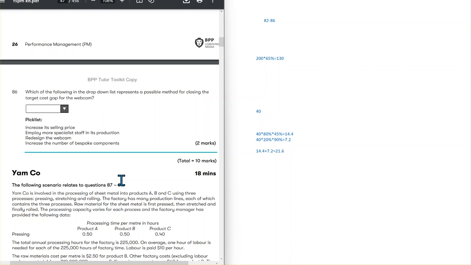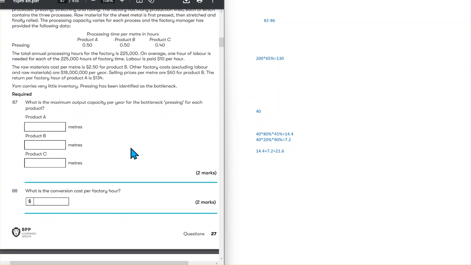Employ more specialist staff in the production: if we employ more specialist staff, the salary will increase. Redesign the webcam, maybe increase the number of bespoke components? No, increase the number of standard components, not bespoke. So redesign the webcam, maybe make it simpler. So yeah, this one is correct.